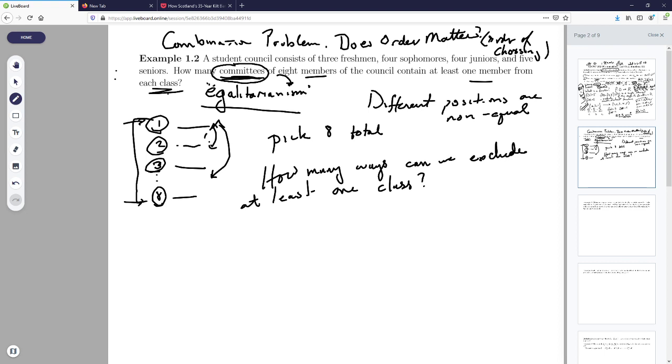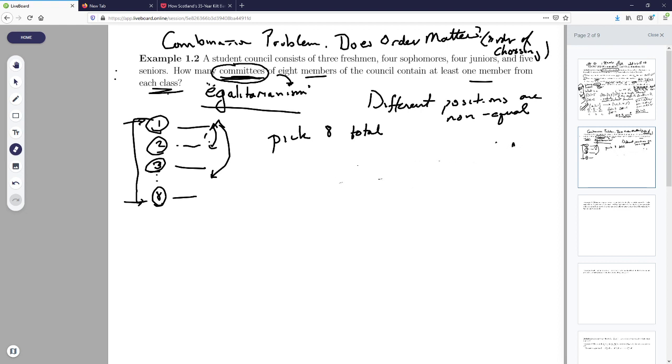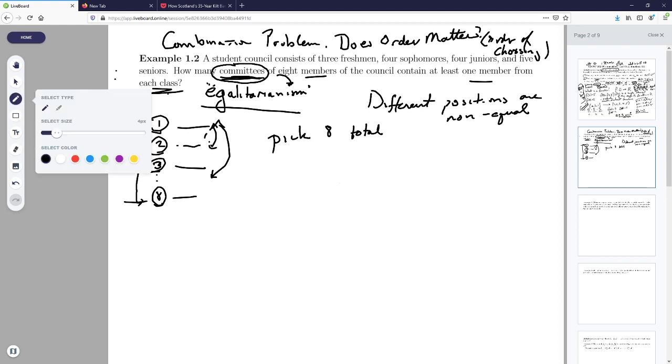No, we're not going to use the complementary method. I think the simplest way to do this is the stars and bars method.